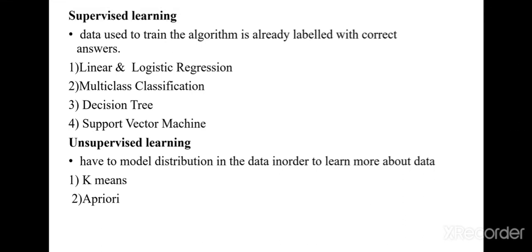Now let's discuss what supervised learning and unsupervised learning are. This also comes under this section. Supervised learning means the data used to train the algorithm is labeled with correct answers. The input data and also the output data are specified here, so we can easily train on the data.